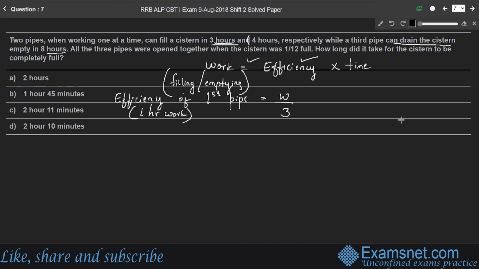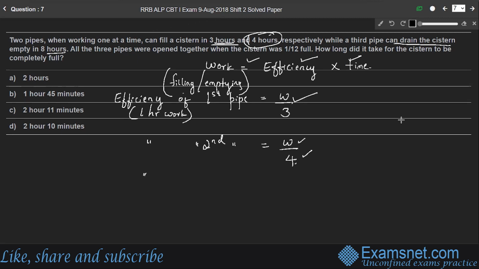Work by time is efficiency. Whereas 1 hour work of second pipe is W by 4, because the second pipe takes 4 hours to fill the tank, so in 1 hour it can fill 1 by 4th of the tank. Whereas the first pipe can fill 1 by 3rd part of the tank in 1 hour.